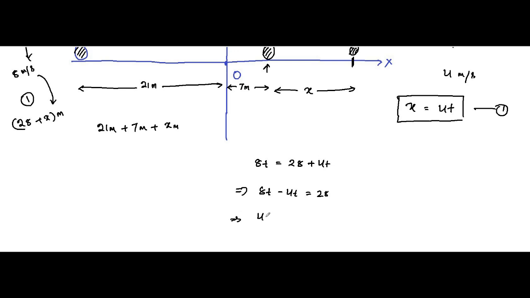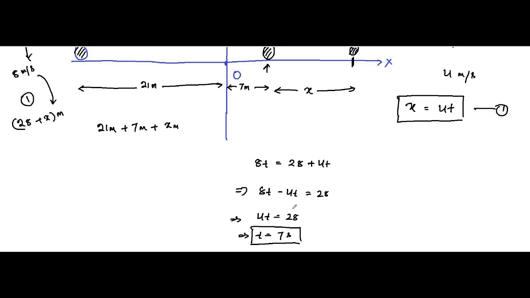That implies 4t is equal to 28. That implies t is equal to 7 seconds. So it means they will meet after a time interval of 7 seconds.